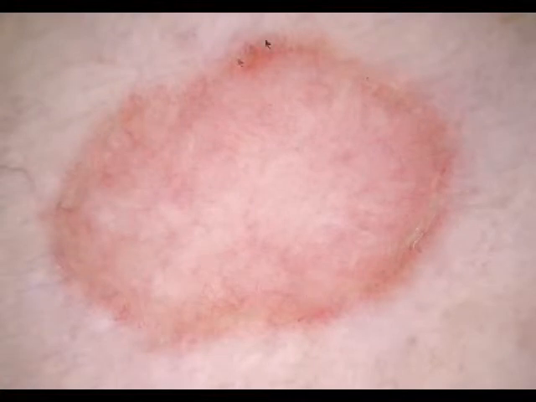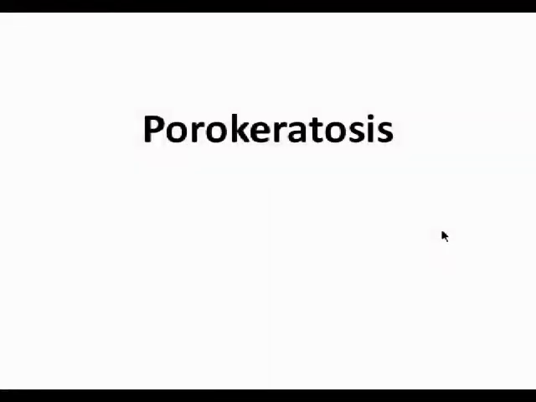This is the porokeratotic rim that is so typical for porokeratosis. So the diagnosis here is porokeratosis. What's important is the vascular pattern of an inflammatory disease. Dotted vessels, no specific distribution. Porokeratosis.